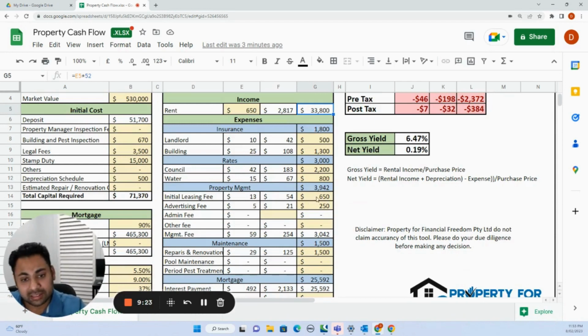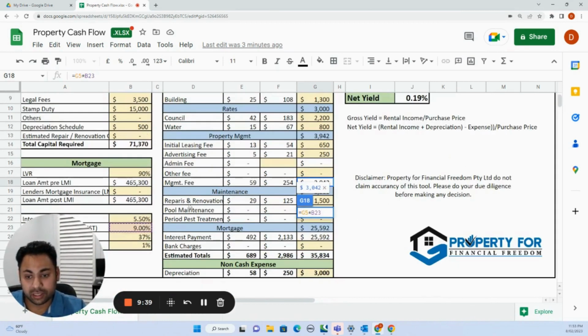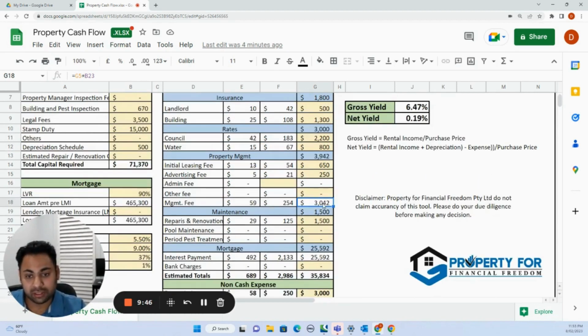I am considering it every year, but this is a one-off cost, because your tenant may stay there for 3 or 4 years, so you don't have to pay that again and again. The management fee comes from whatever rent you get. So this is the total management fees.